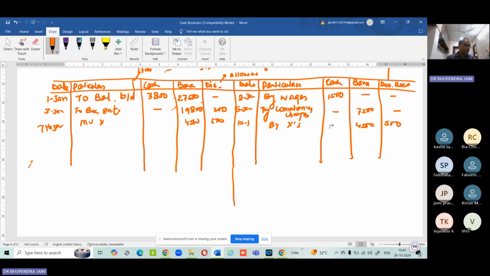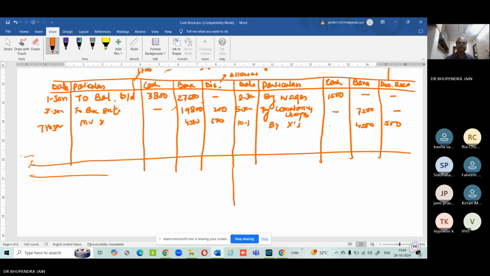Now, calculate the closing balance of cash. We have already discussed one question in the last class, so just 5-6 entries in this class. First, make the total of the debit side of cash.